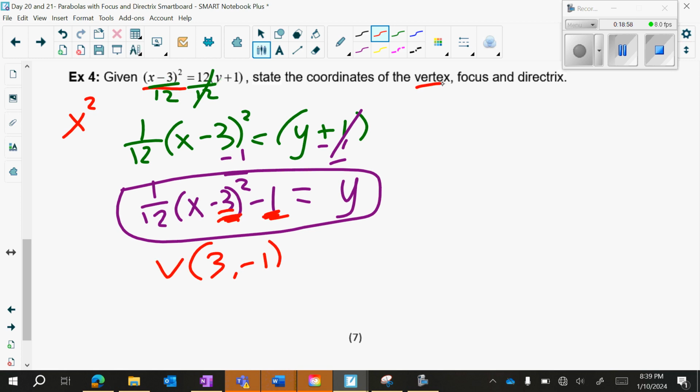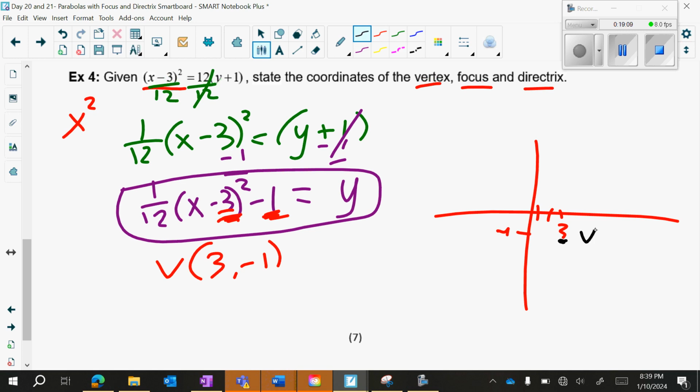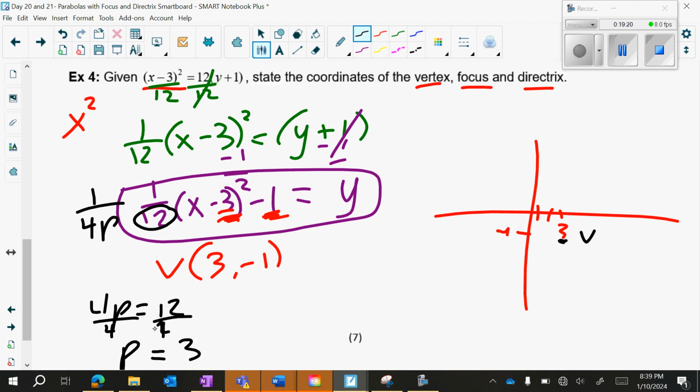They asked for the vertex, focus, and directrix, so I'm going to graph this now. See it all. (3, -1). Plot the vertex, V. The 4p is going to be 12, because this is 1 over 4p. So if 4p equals 12, divide by 4, p equals 3.